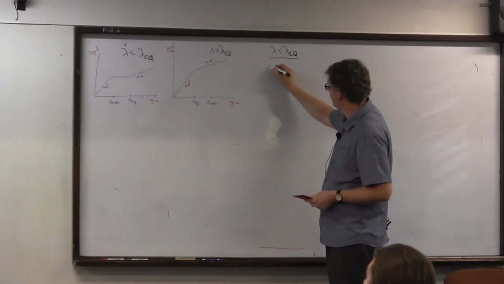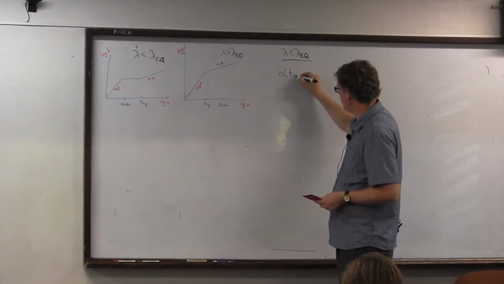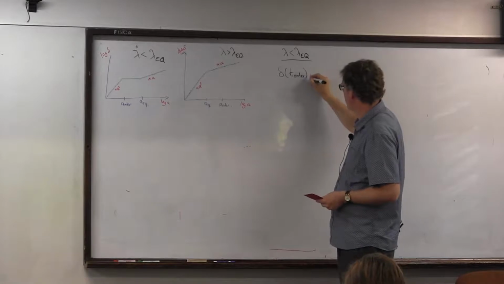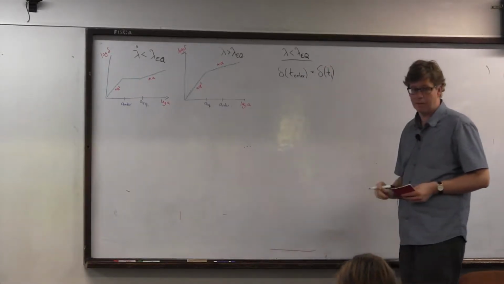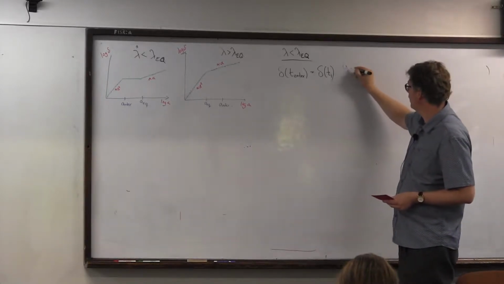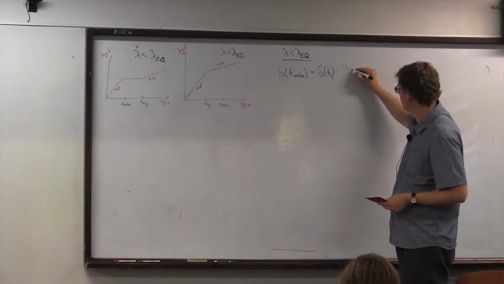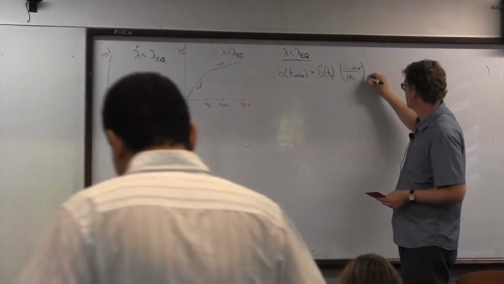In that case, the density is the initial density times A enter over AI squared.